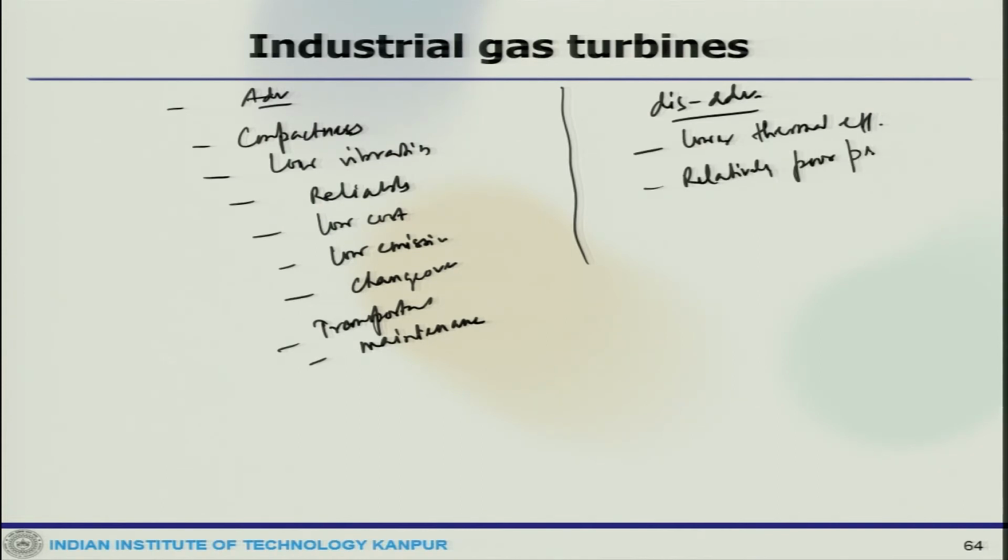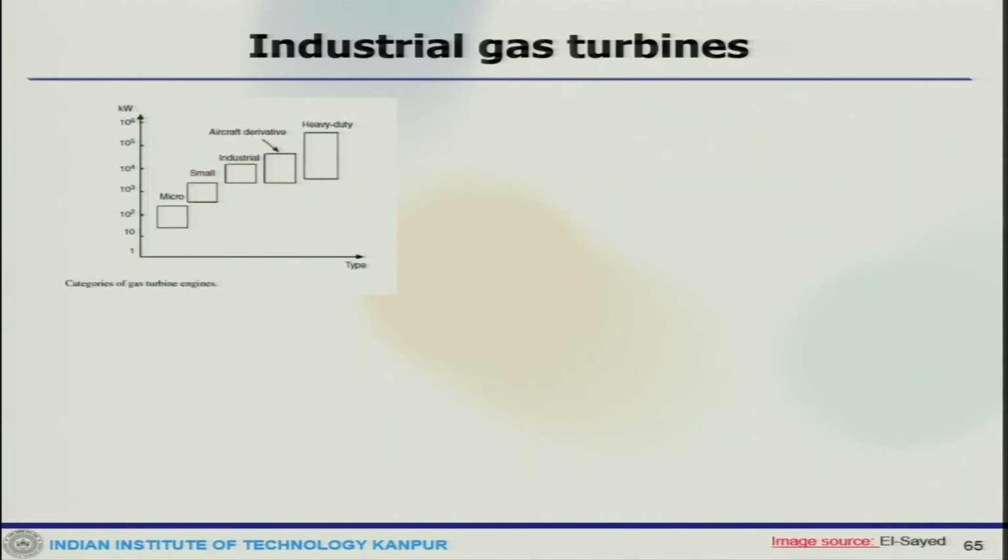Now, there could be different kinds of gas turbines. There are heavy duty gas turbines, and aircraft derivative gas turbines or aero derivatives, where, as the name indicates, the power generation units were originally aircraft engines later adapted to electrical generation.